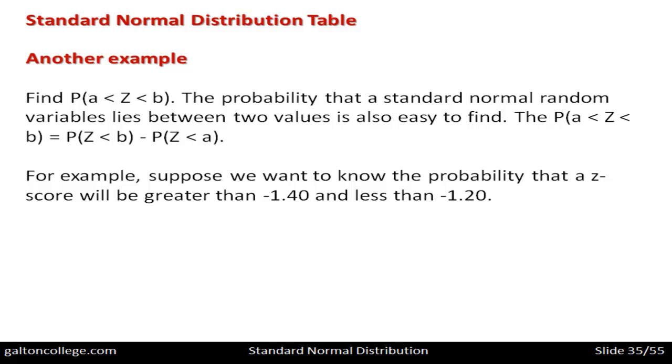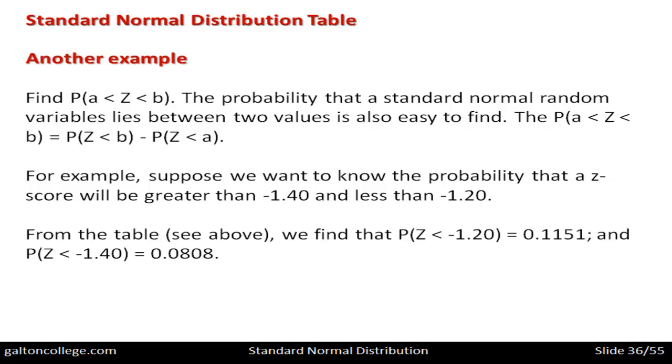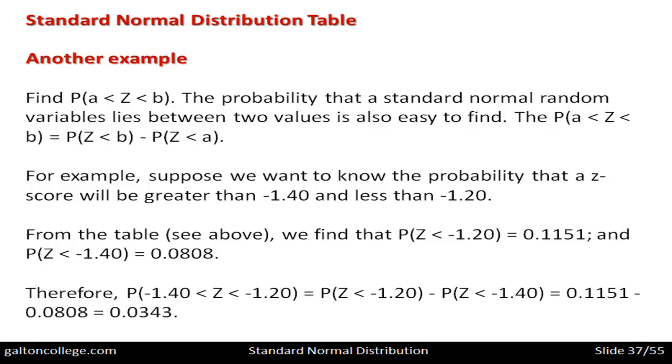For example, suppose we want to know the probability that a z-score will be greater than minus 1.4 and less than minus 1.2. From the tables, we find that P(z < -1.2) is equal to 0.1151, and the probability that z is less than minus 1.4 is 0.0808.